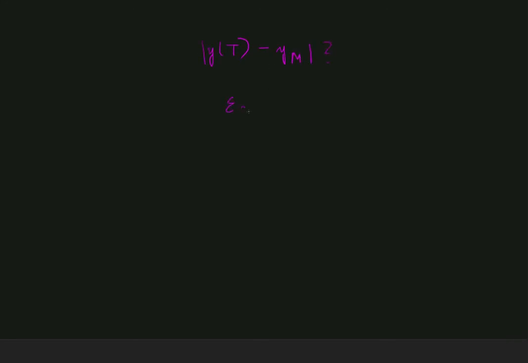Or is it the max error that is given by the maximum of the deviations between the approximate solutions and the exact solutions? So always remember that the term error is not as simple as you might think.